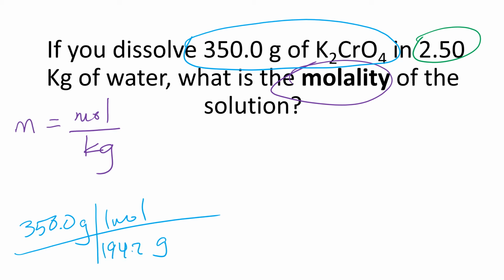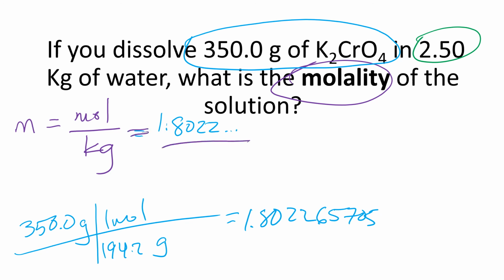So I divide these two numbers and I'm going to get my number of moles, which is about 1.802265705. I'm going to plug that in on top. 1.8022, etc. divided by my mass, my kilograms of water, my solvent. So it's not always going to be water. It may be something else. You just got to pay attention to the question.